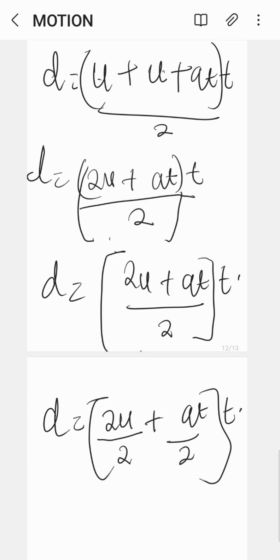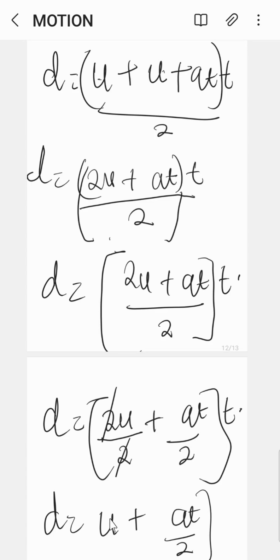Having written it like this, we can now cancel the 2, because the common denominator will be 2 into 2, which gives 1. So 2 can cancel. Now you have u plus at over 2 multiplying t.